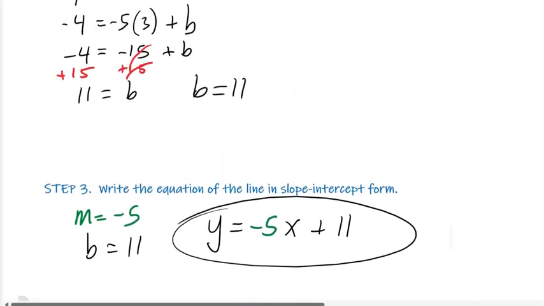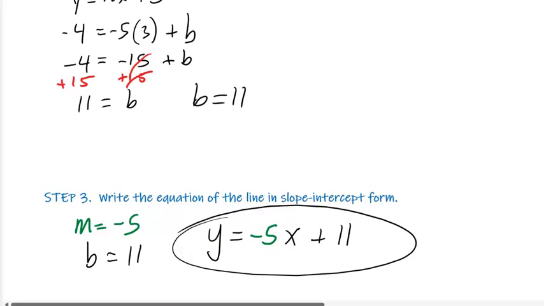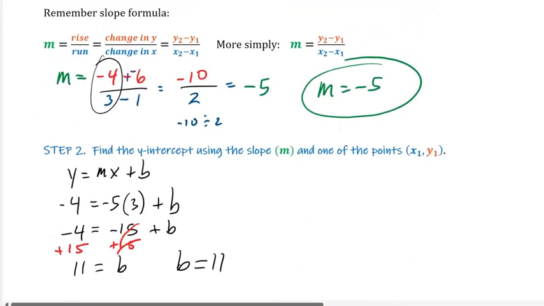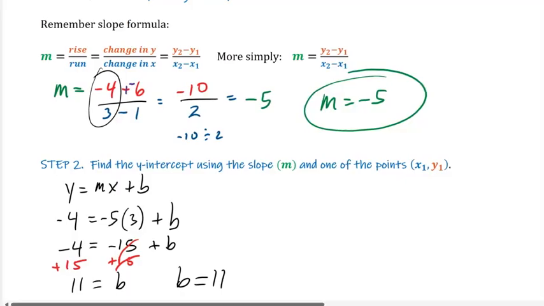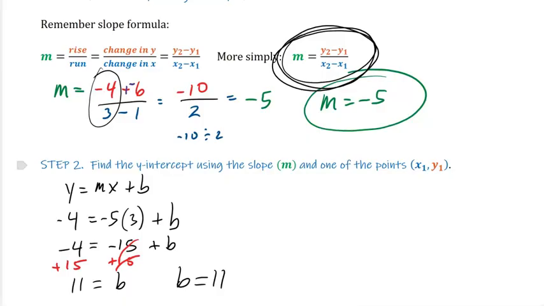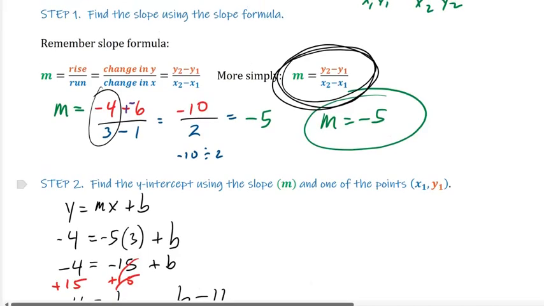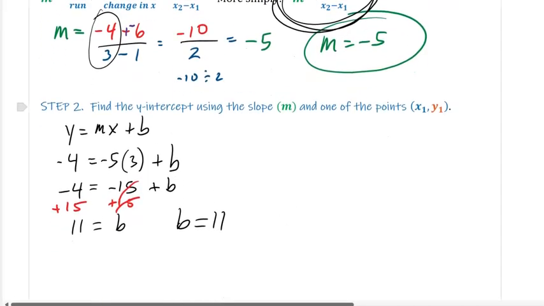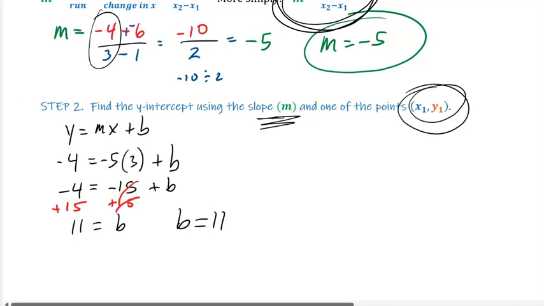All right, so now, real quick review, right? If we're given 2 points, we use the slope formula to find the slope of the line that connects the 2 points. Slope formula, do that first. And then step 2, find the y-intercept using the slope and one of those points.